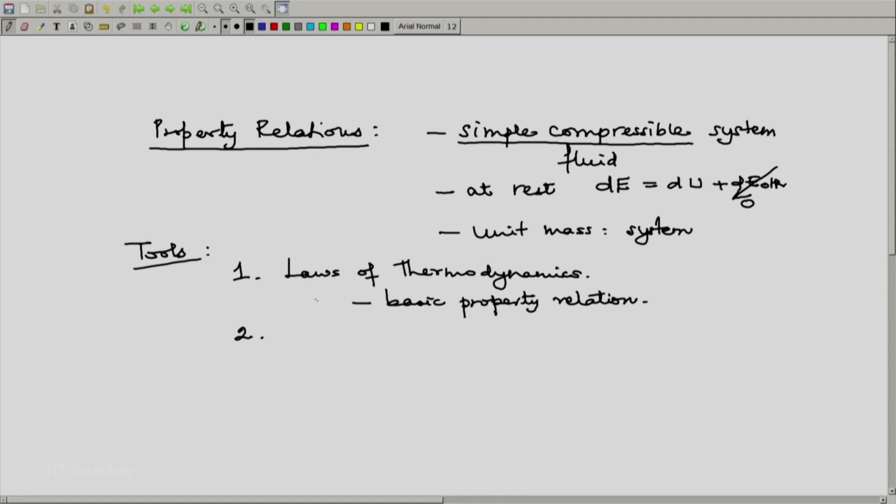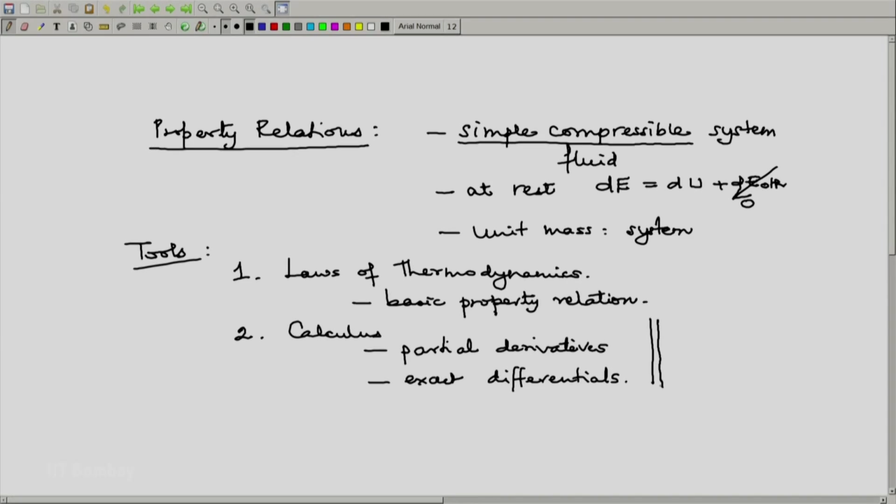And we are going to use from calculus properties of partial derivatives and properties of exact differentials. In fact, this particular part of thermodynamics of our course is going to be perhaps the heaviest in terms of mathematics and in terms of calculus.